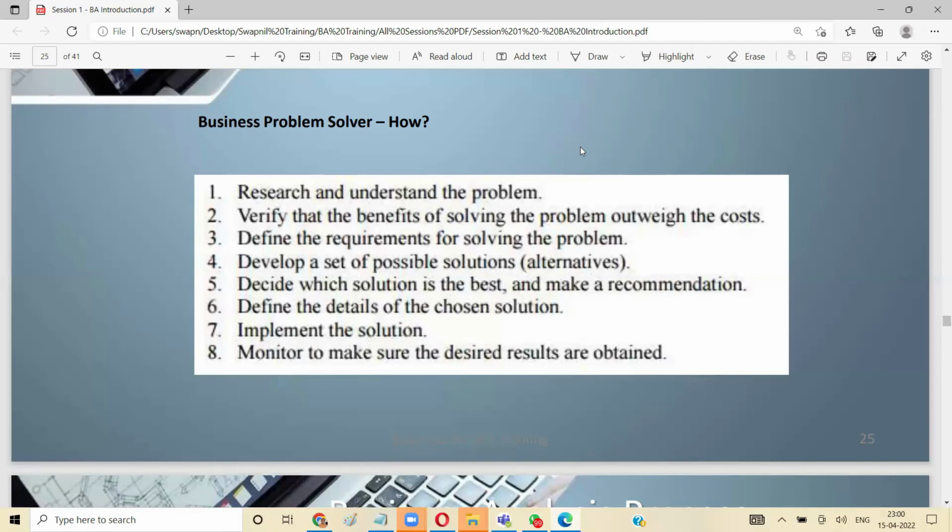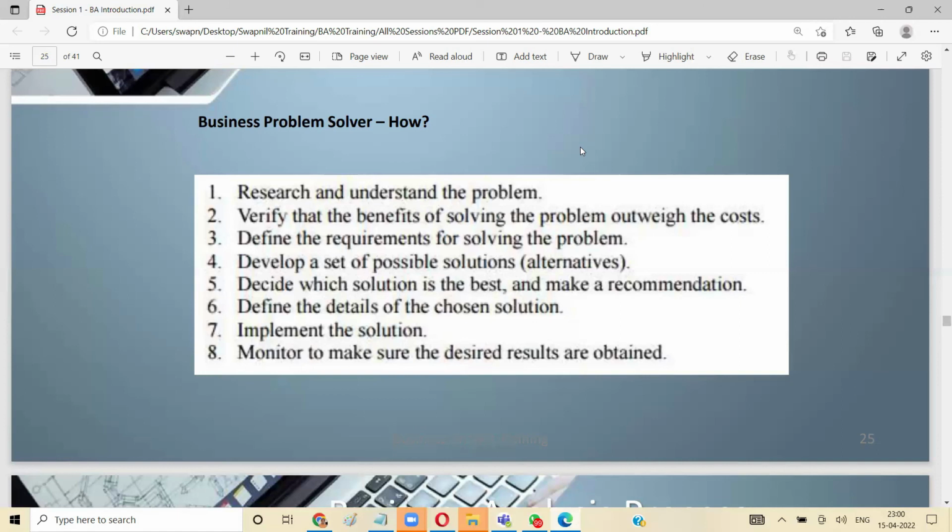So the benefit of solving the problem outweighs the cost associated. And when you see that yes, we have more benefit, that's when you go to the third step. The third step is that you get the requirements. All these are the BA's role.